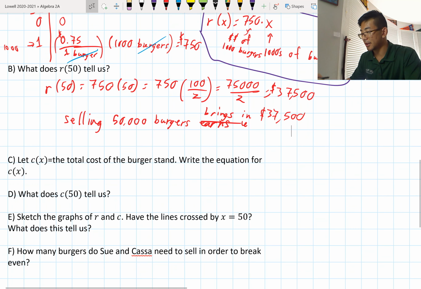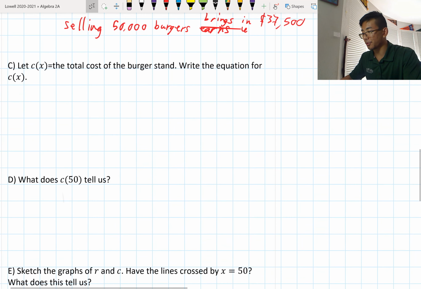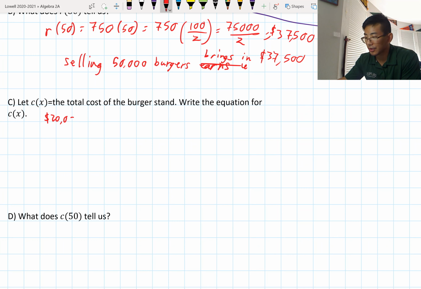So if we look back here, let me make some more room. Okay, so I've made a little bit more room. I apologize for that. So we want to find out now how much it costs. Well, remember, we first have to spend $20,000 just to open the stand, but that doesn't change.